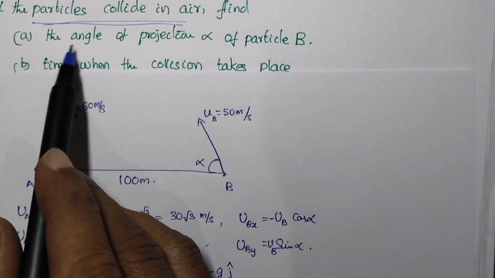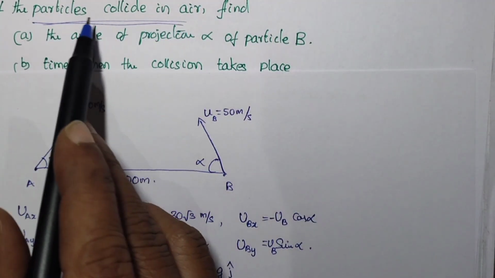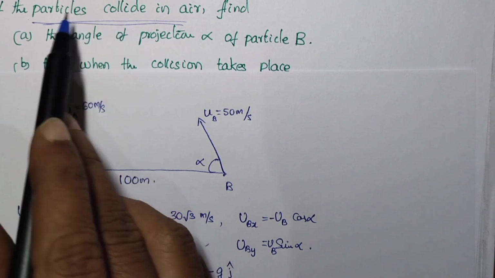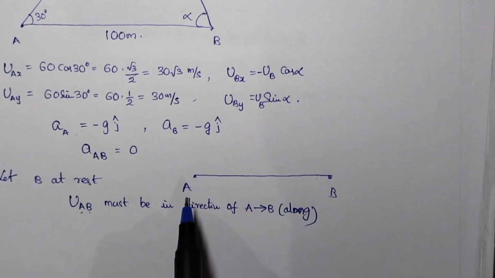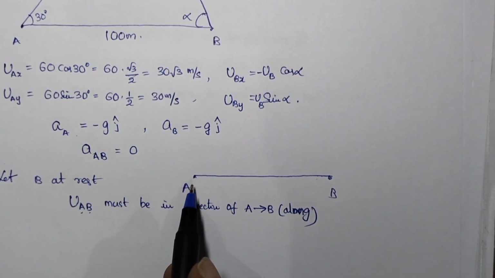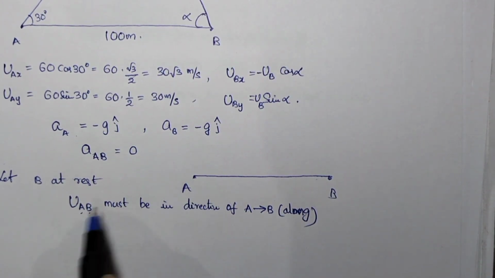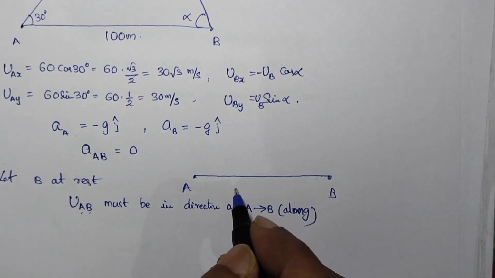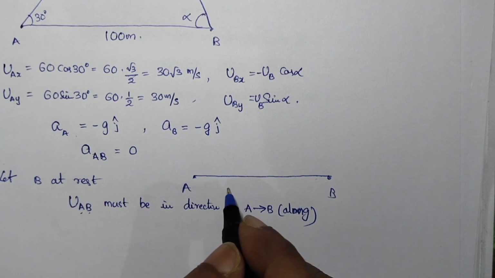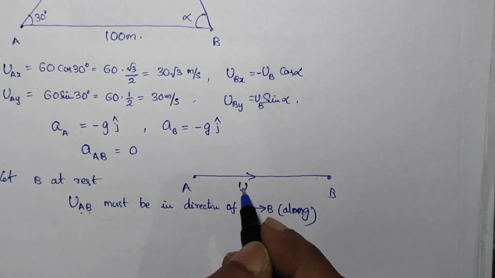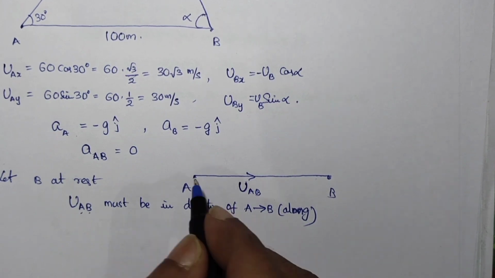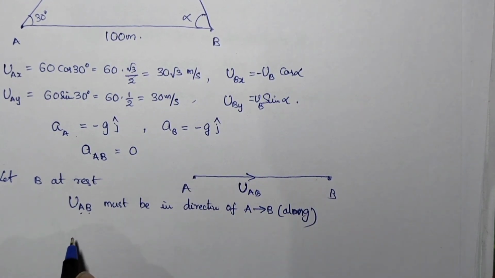Here the particles collide in air. In which condition do both collide? For the collision, the relative velocity of A with respect to B must be along AB. That means u_AB should be in the AB direction.